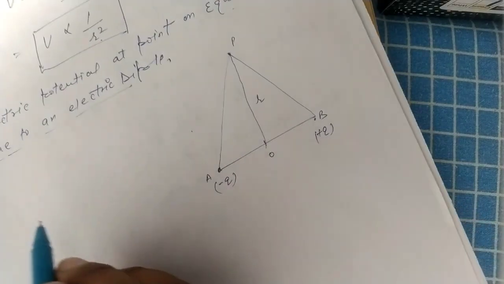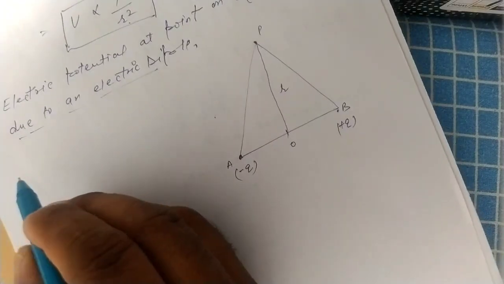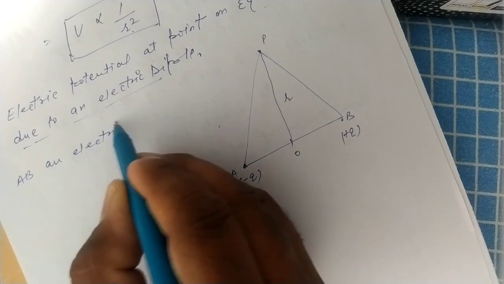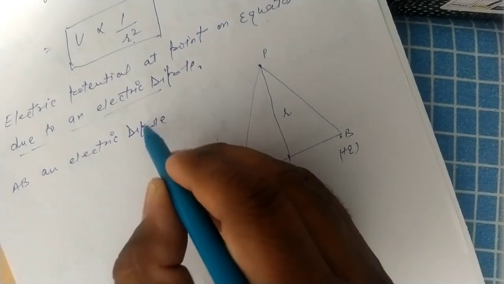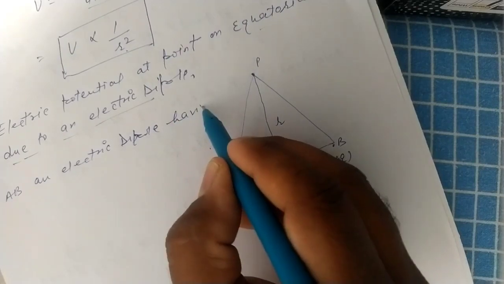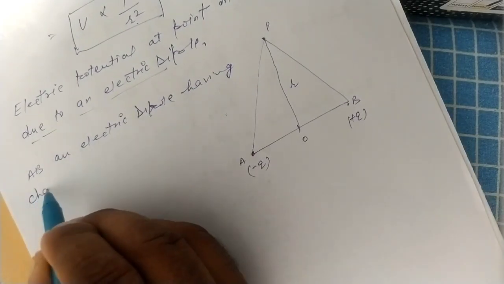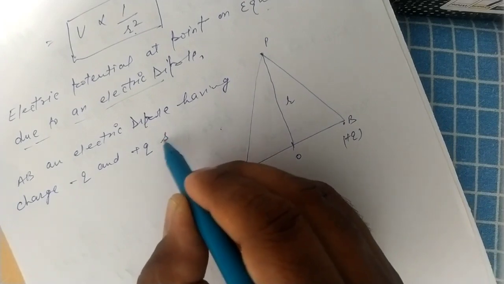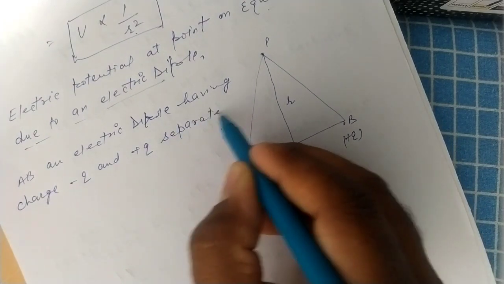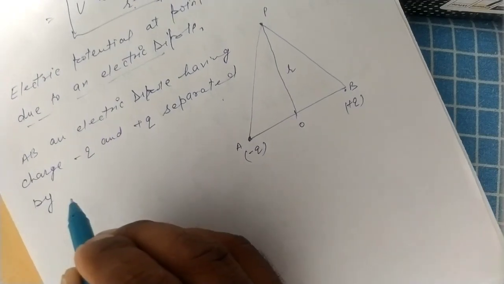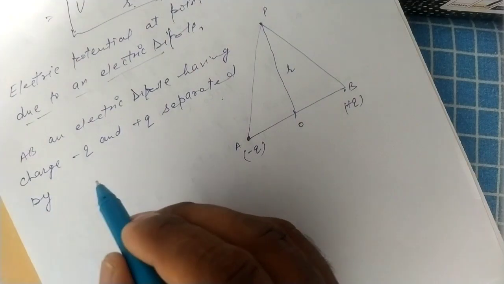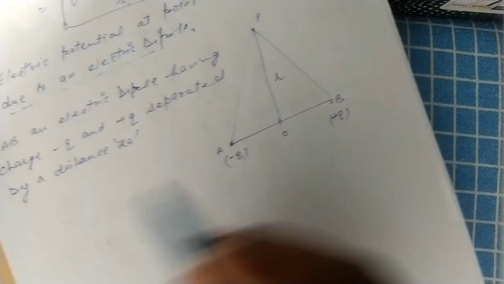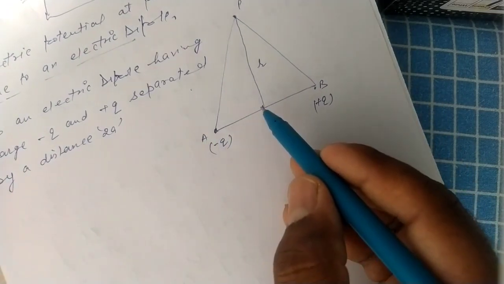Let AB be an electric dipole having charges minus q and plus q, separated by a distance 2a. O is the midpoint of the dipole.